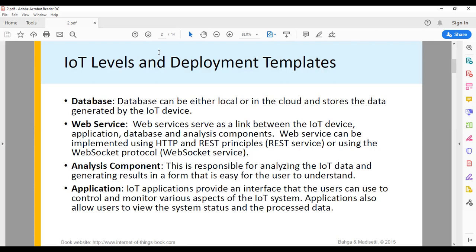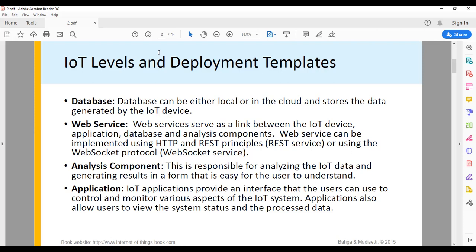Then the analysis component. There should be a mechanism to process the data and fetch the results or reports from the data. So analysis components are there. Then applications. For a specific purpose we design the IoT devices or IoT systems.